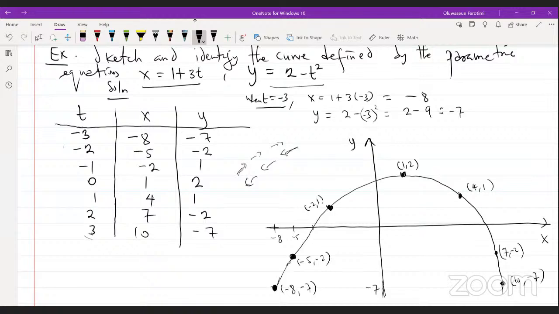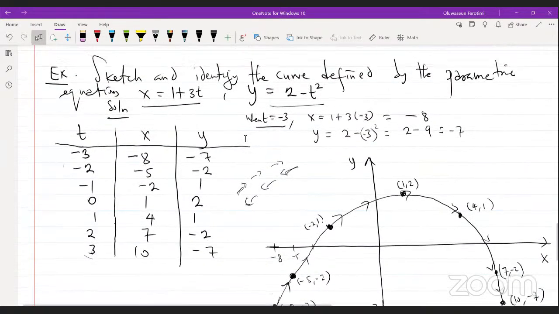This is increasing, so that means you're ascending, from the smallest to the biggest. This is -3 to 3. -3 is the smallest, +3 is the biggest. All right?